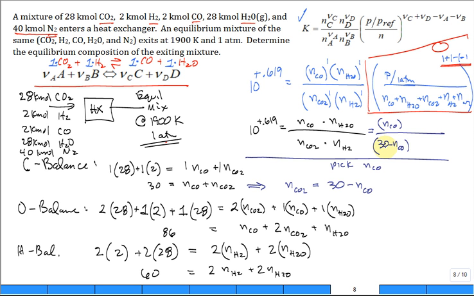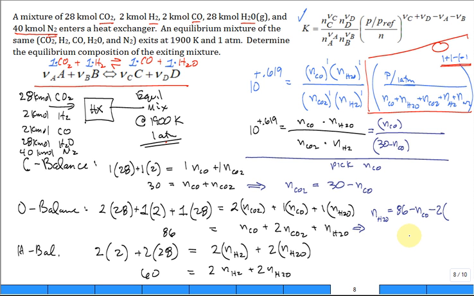Unfortunately, it gets a little uglier because I've got to work out this NH2O and the NH2. Let's go to the second equilibrium equation, this one. Okay? So I'm going to kind of do it in multiple steps. N of H2O is going to be 86 minus N of CO minus 2 times N of CO2, right?